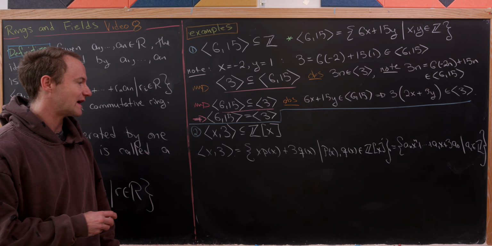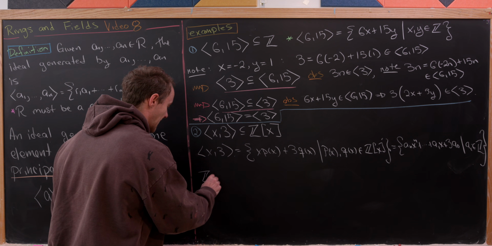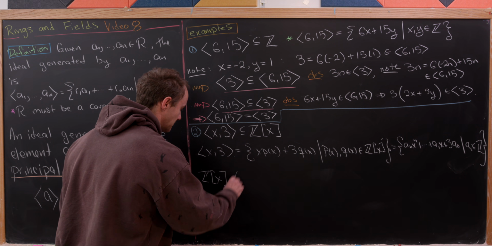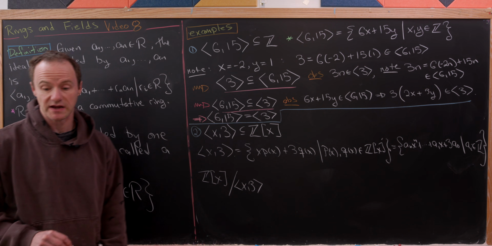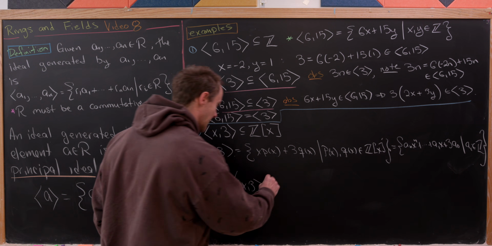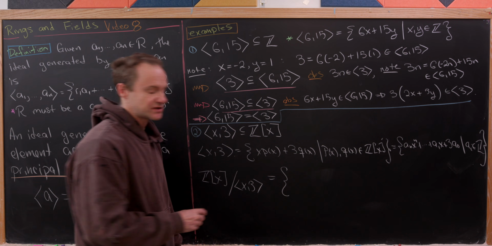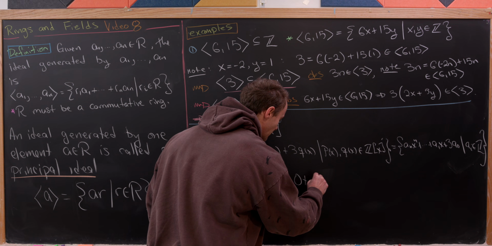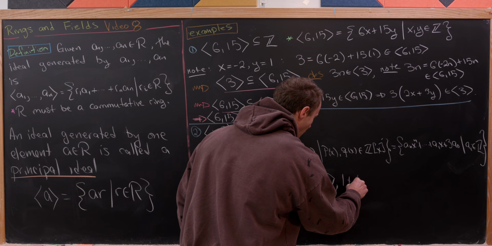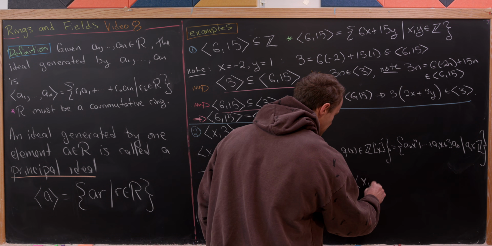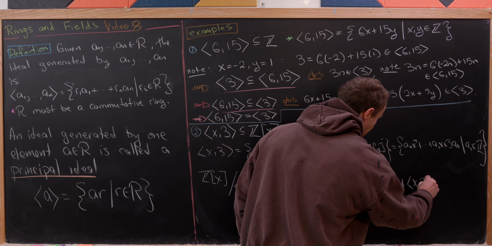But what I'd like to do right now is look at the associated quotient ring. So let's look at Z adjoin x mod this ideal generated by x and 3. And I claim that this is going to have 3 elements. So it's going to have the coset 0 plus this ideal, the coset 1 plus this ideal, and then the coset 2 plus this ideal.